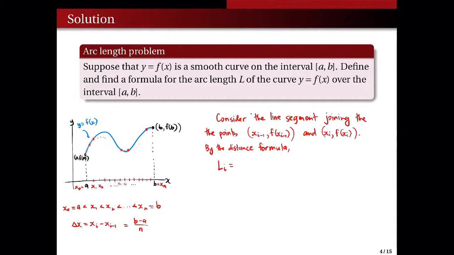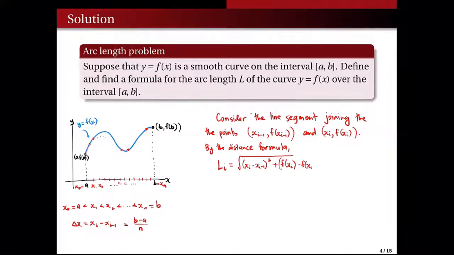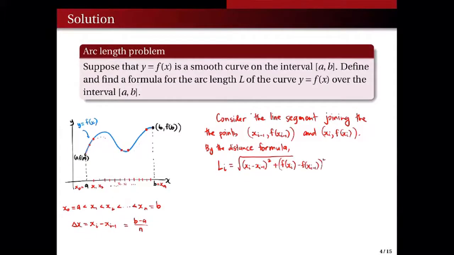This will be equal to the square root of x sub i minus x sub i minus 1 squared plus f of x sub i minus f of x sub i minus 1, quantity squared.